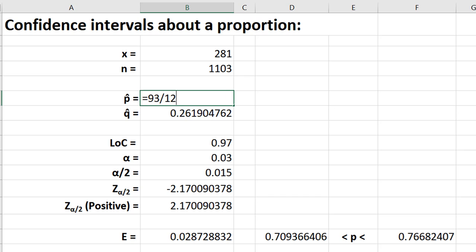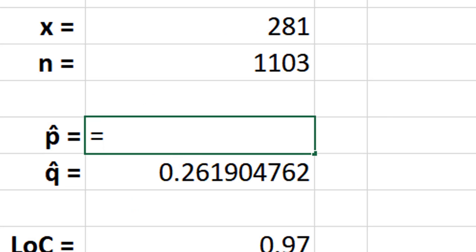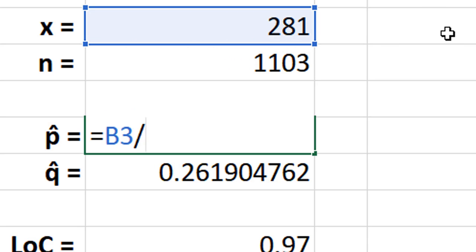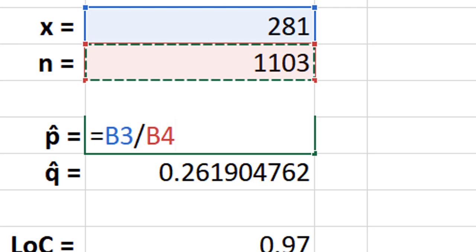All I have to do is change that to equals, and then I'm going to click on the actual cell that contains my X value, which is what I didn't do last time, divided by the cell that contains my N value. Make sure you make that correction, or it's always going to show up with the same p hat value.